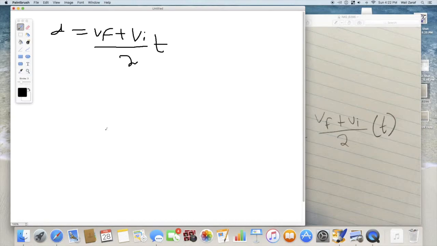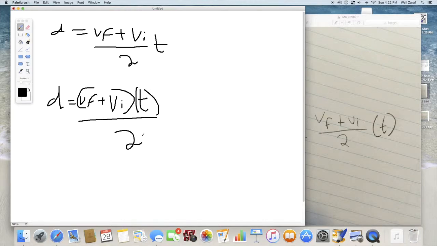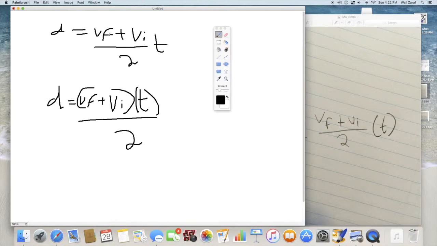First of all, we can bring the t along with these two guys to make them together. So d is equal to (Vf plus Vi) t over 2. Now we got to get t by itself.